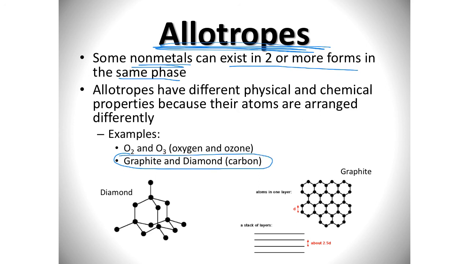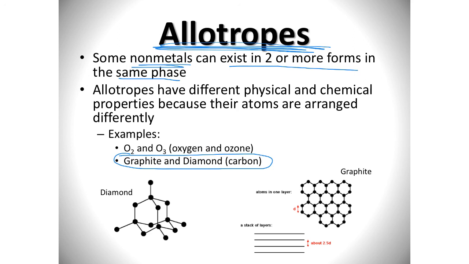So graphite is made out of carbon. Graphite is pencil lead. Diamond is also solely made out of carbon. They are both solids, but diamond and graphite are incredibly different from each other. So they are both solids, they're both composed of carbon only, but that is where their similarities end.